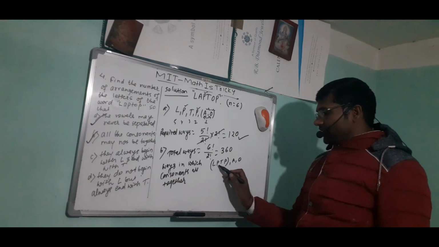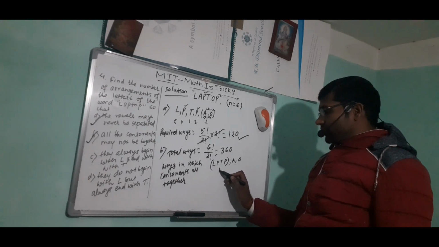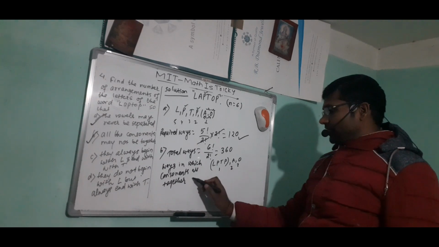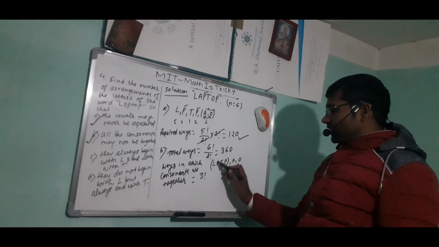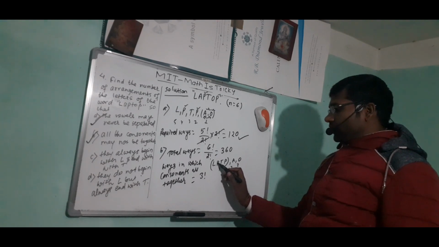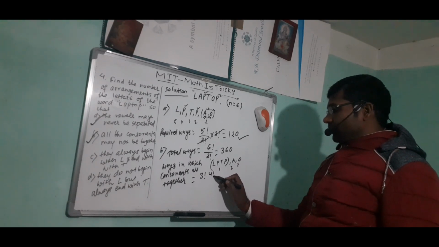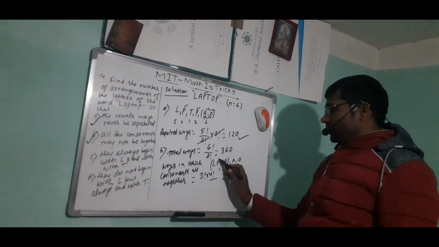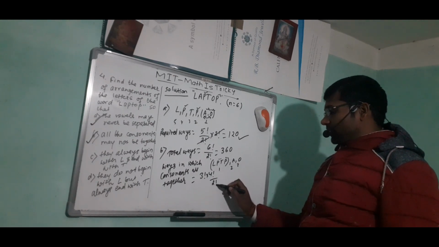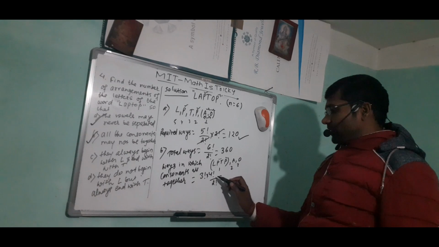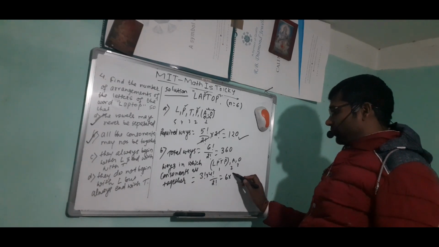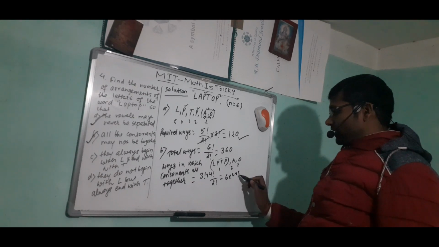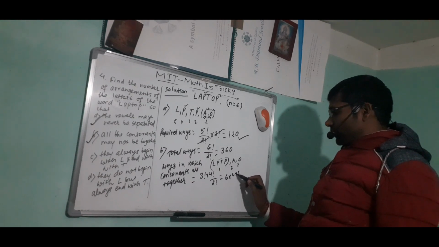All the consonants together will be considered as one, so 1, 2, 3. So it will be 3 factorial, and then they can change their position in 4 factorial ways, divided by 2 because we have 2 P's. So it is simply 6 into 4 into 3, the 2 factorial cancel, so it is 12 into 6, 72.